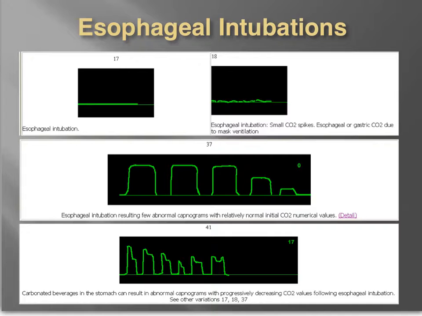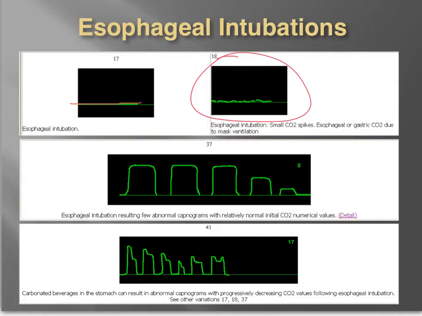Most of us who have any experience with capnography think that the flat line is the only thing that we can show as being a missed intubation, where the tube is in the esophagus and not the trachea. That's not necessarily the case, and capnography.com is another great site that references where this material is coming from. You can see with these different illustrations that you can actually have different manipulations of waveforms, not necessarily adequate waveforms, that may be caused by certain things.